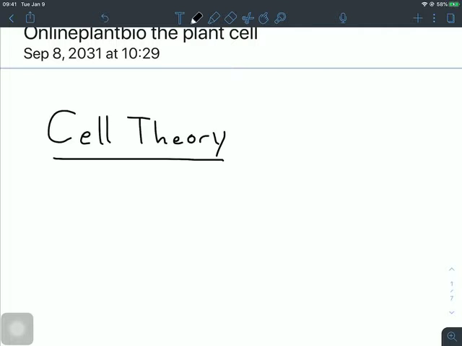So whether you are going into education, agriculture, horticulture, plant breeding, genetics, biotechnology, all of these fields will necessitate a good understanding of basic cell theory.